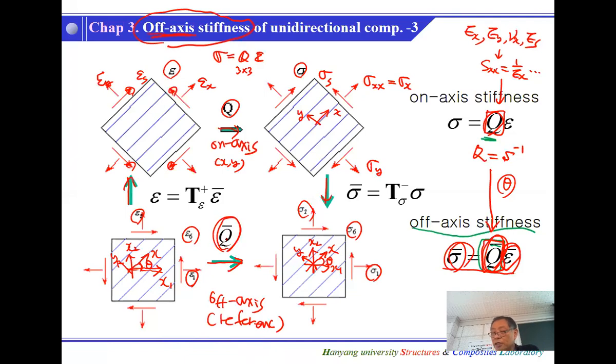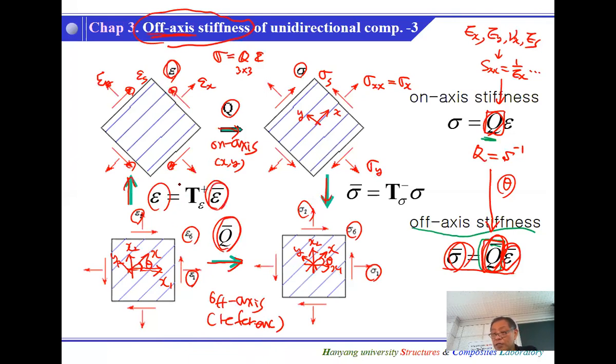Well, Q bar follows the same steps as the strain. This is the strain, epsilon bar, and epsilon. Epsilon is the strain on axis, and epsilon bar is the off axis.